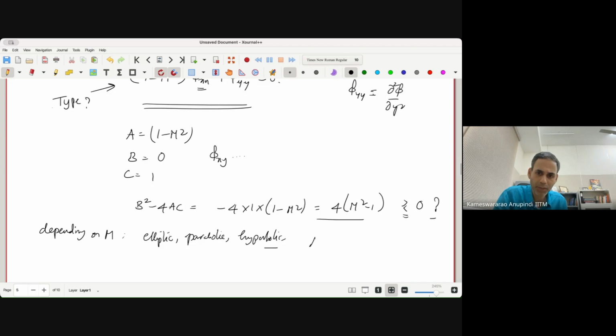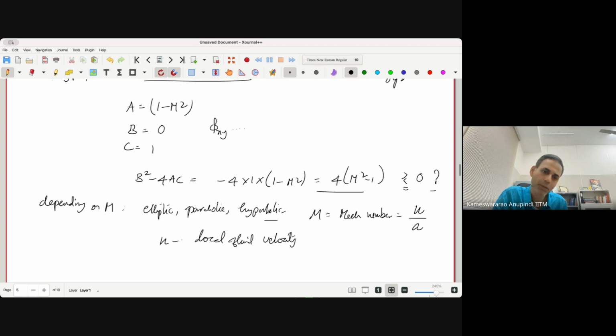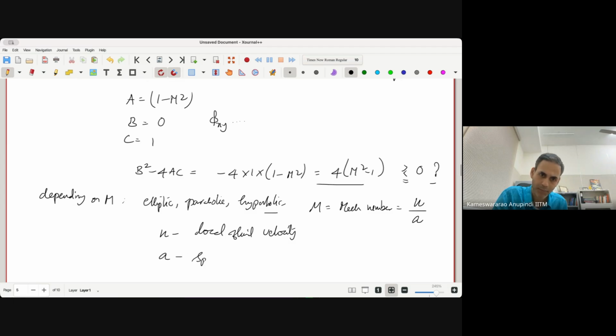And now M is basically the Mach number, which is the ratio of fluid velocity to the speed of sound in the same medium. Let us say I denote the local fluid velocity with u, and a is the speed of sound in the medium.